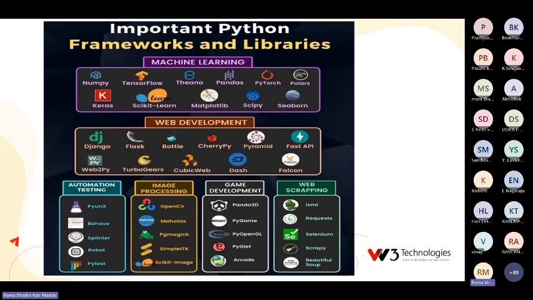Pandas is a library. PyTorch, Keras, Scikit-learn, Matplotlib for visualization, SciPy for scientific purposes. NASA is also using SciPy, NumPy and Scikit-learn. Seaborn. For machine learning, from the 137 plus libraries, these libraries are most used.